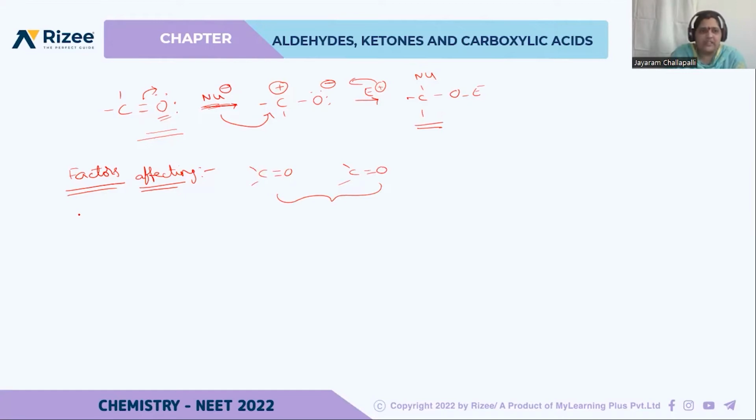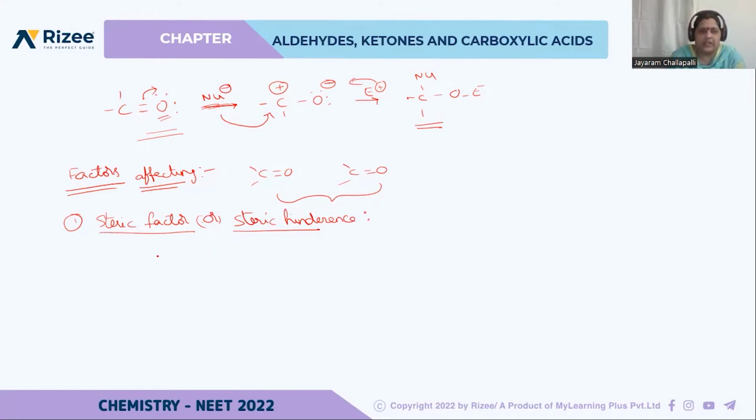For that, to get to know which one is the greater reactive one, two factors will come here. One is the steric factor, or else we can say this one as steric hindrance. This is the first factor, steric factor or steric hindrance.